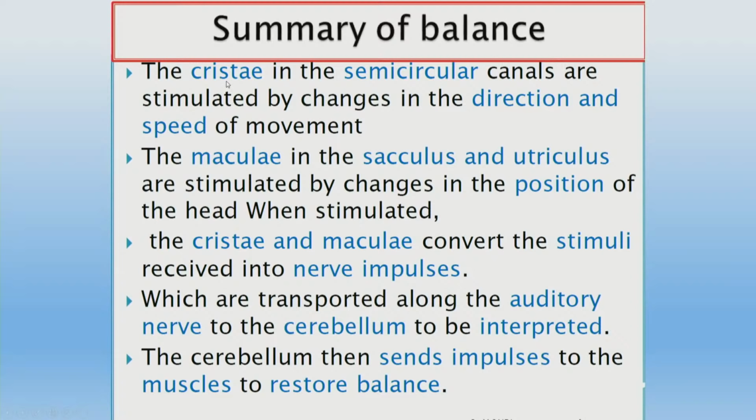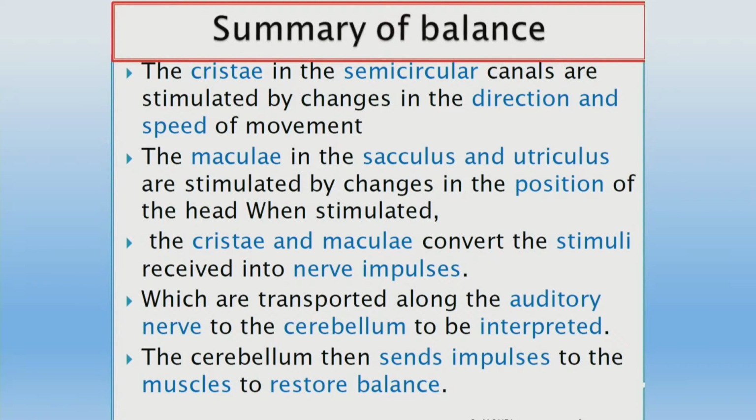The cristae, which is the receptor in the semicircular canals, are stimulated by changes in the direction and speed of movement. And then the maculae in the sacculus and utriculus. Macula is also a receptor, found in the sacculus and utriculus, and they are stimulated by changes in the position of the head.